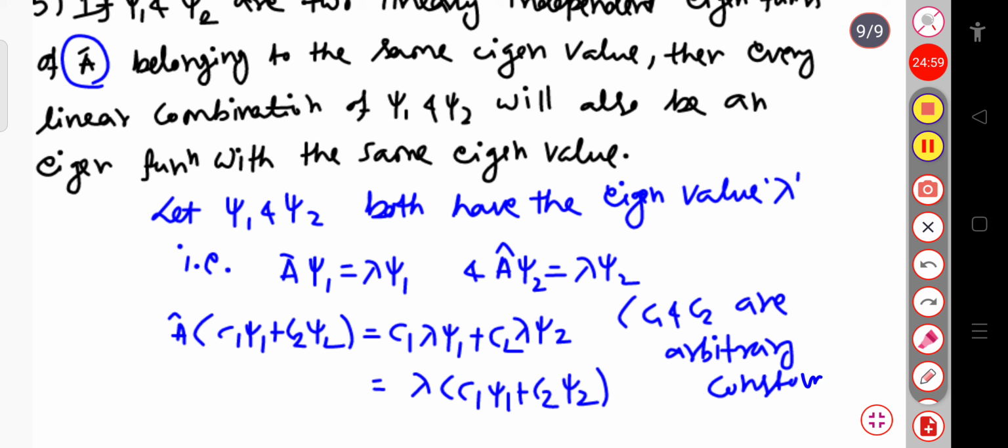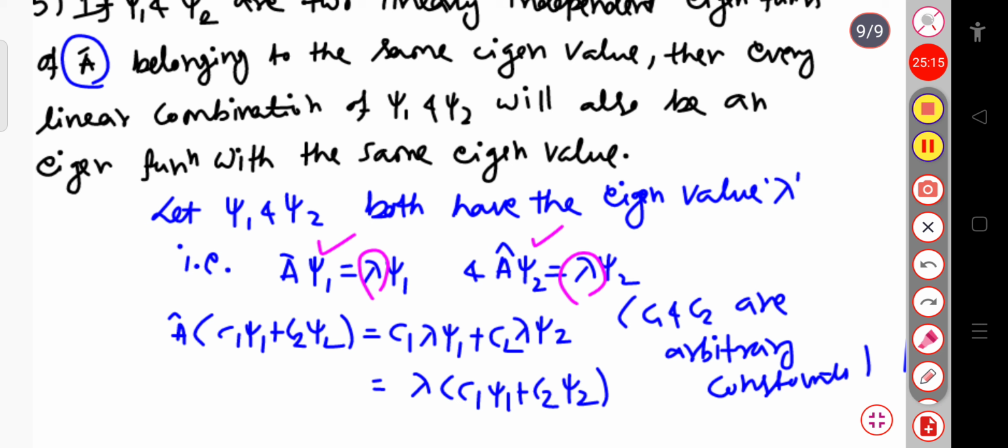So here we have proved that if psi 1 and psi 2 are different eigenfunctions but have the common eigenvalue lambda, then if you take any linear combination of these two wave functions, you will also get the same eigenvalue, lambda.